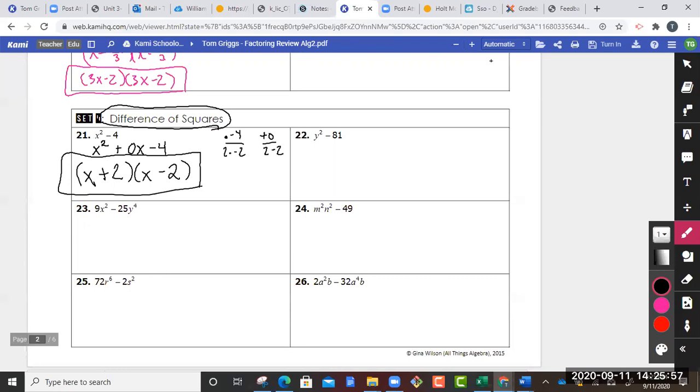The format of the answer is you take the square root of the first term and the last term, and you write your answers as conjugate factors.